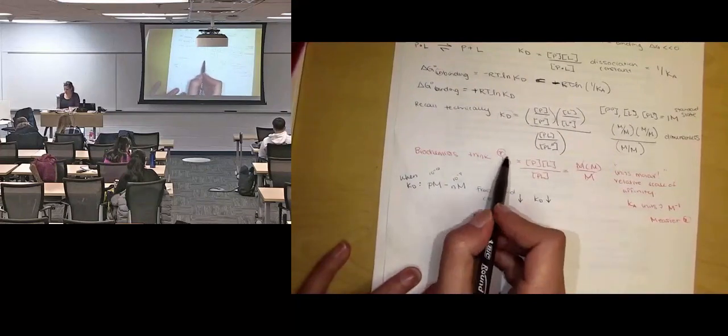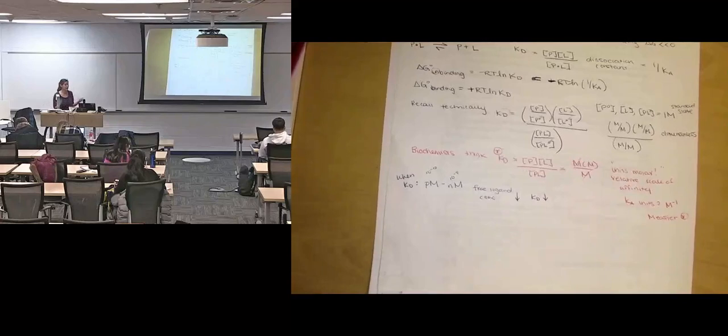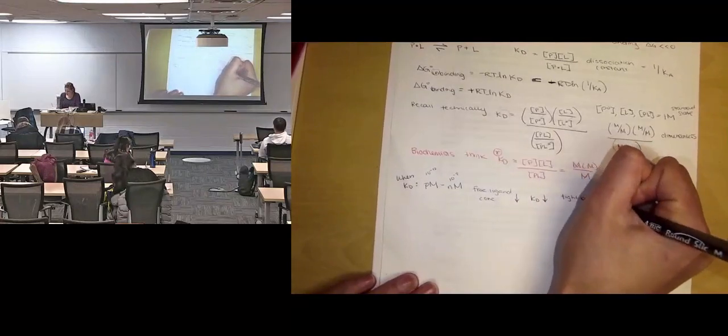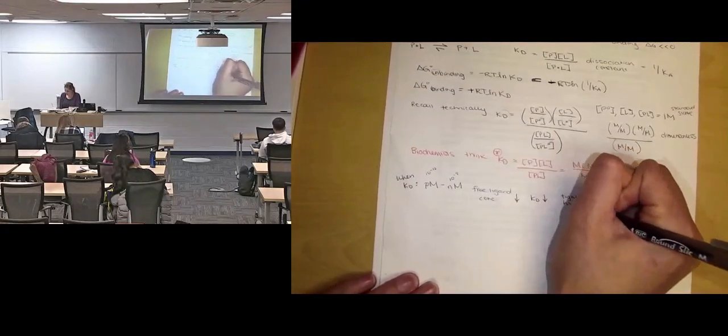When K sub D is very small, this bottom term is very big. Everything is complexed. Okay? And so you have very tight binding. You have very high affinity. And so again, it's a little bit counterintuitive to think this way, but the smaller this dissociation number, the stronger the binding is because they don't want to dissociate.